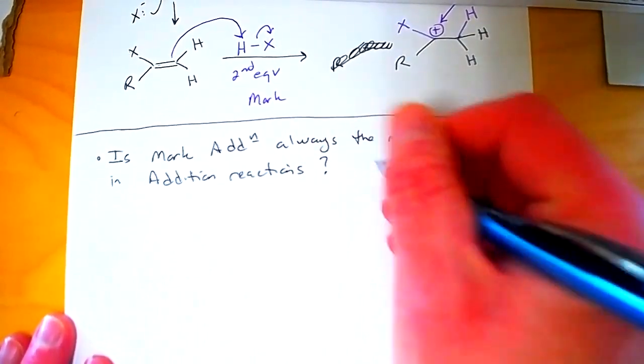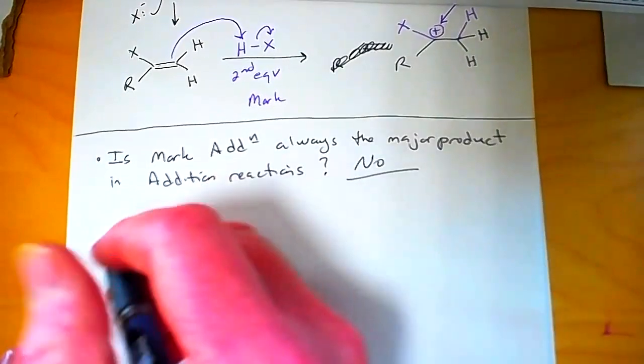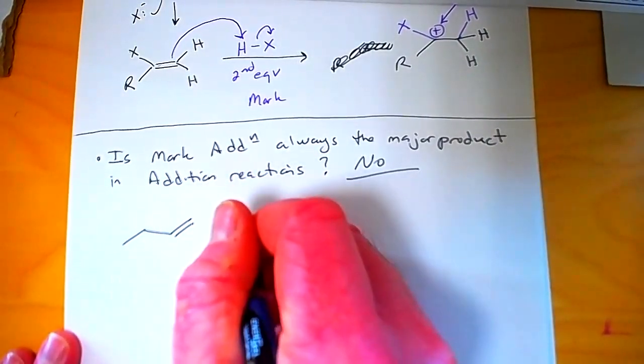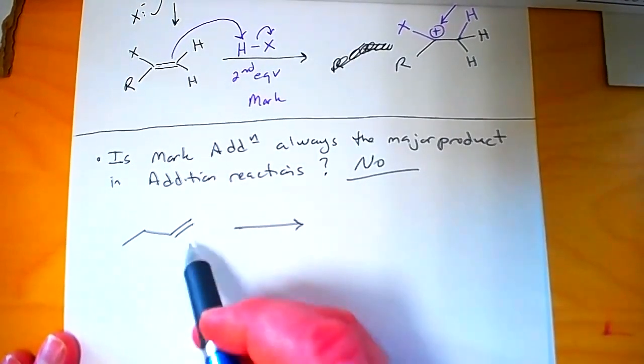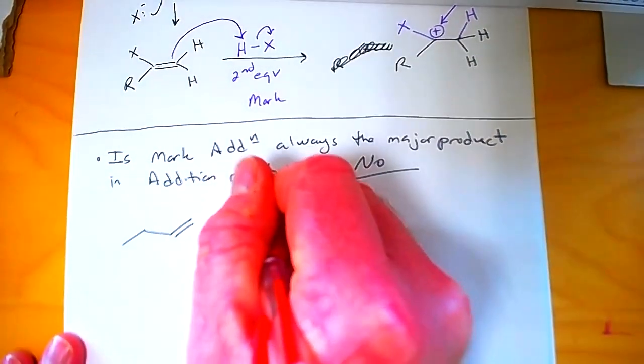This is kind of a loaded question, and the answer is no. There are exceptions. So one exception is if we were to take, let's say, this alkene, and treat it with something like HBr.